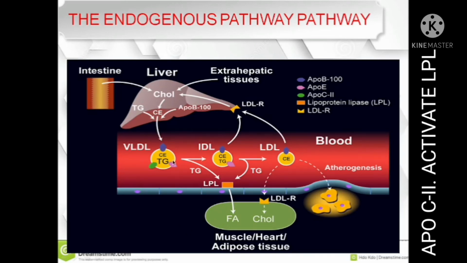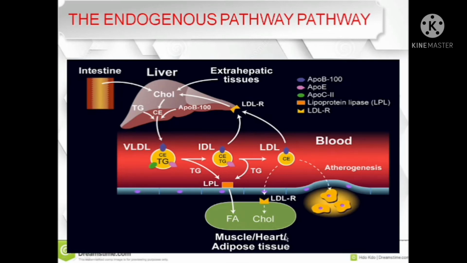ApoC will activate lipoprotein lipase, which will break down triglyceride to free fatty acid and glycerol. The free fatty acid will be taken up by muscles, tissues, and liver. Once the core is depleted, free cholesterol from tissues will be esterified by LCAT, and after esterification, transferred into the VLDL by CETP, cholesterol ester transfer protein.